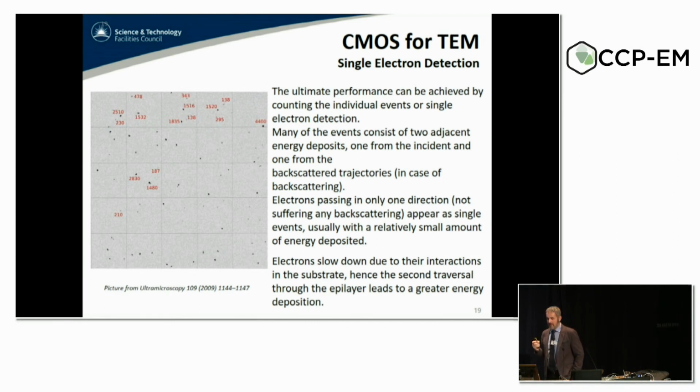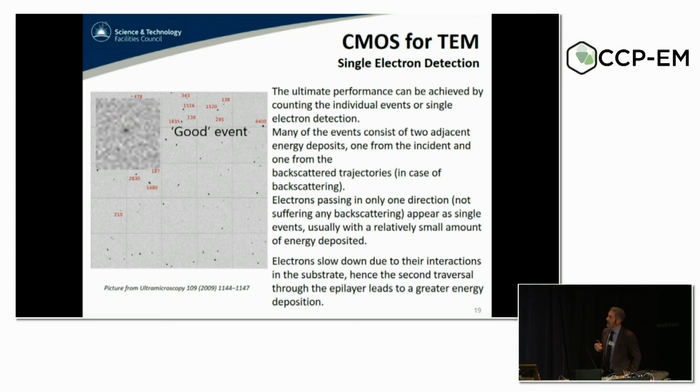Just one last slide on the single electron detection. When you have events, they can be very neat events, so the electrons go through and nothing else happens, or you can have events when there is a scattering. If you can count your electrons, the performance will be much better. Your images will be much better. The science that you can do will be much better.